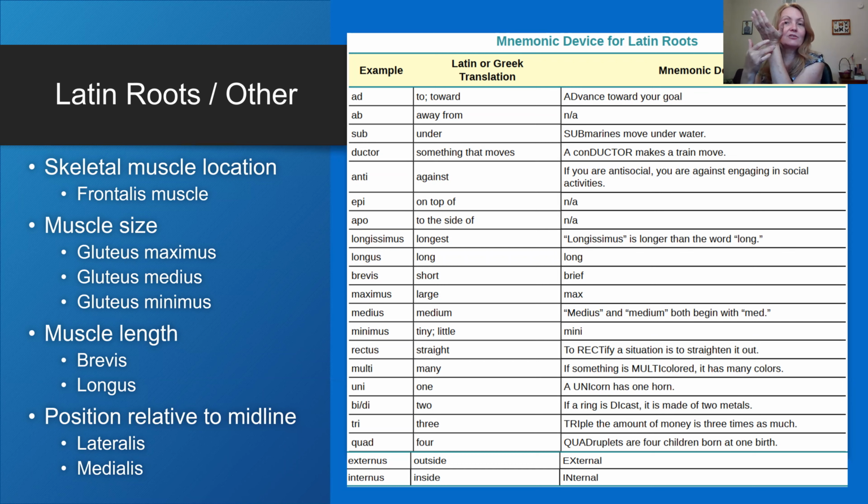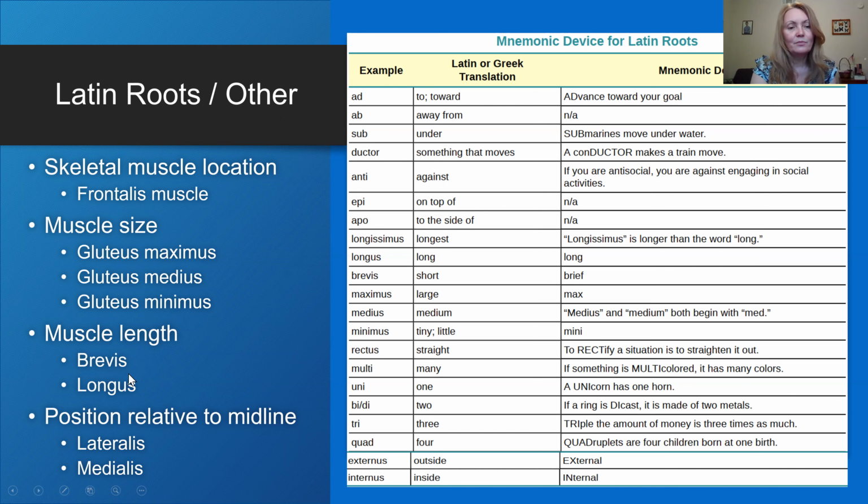It's radialis, so it's on the radial side of your forearm, and it has a long tendon, so it's longus. So when we discuss a specific muscle, I will mention what this name means, right? And this is how we will try to remember it.